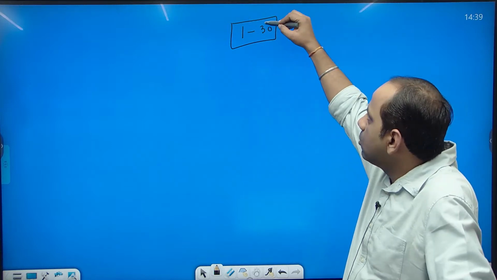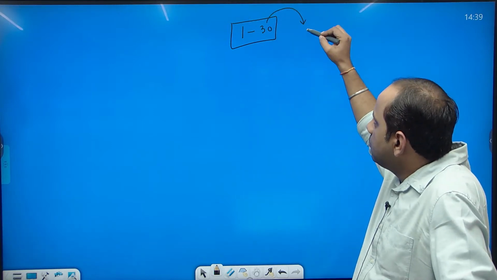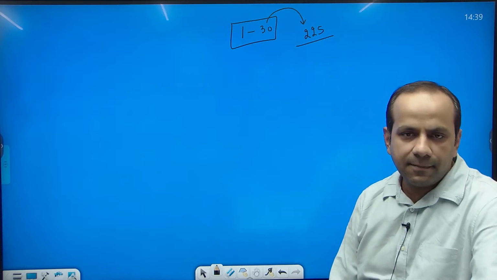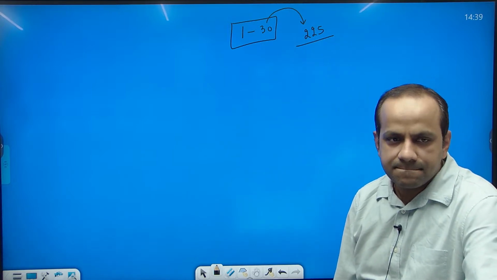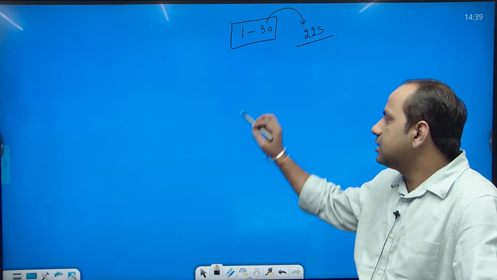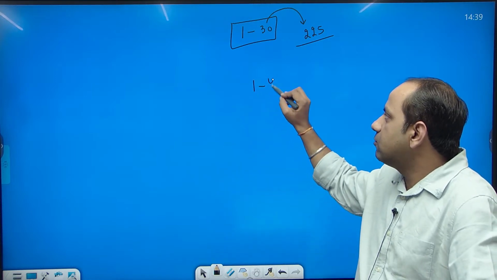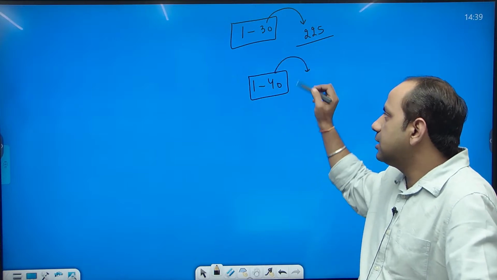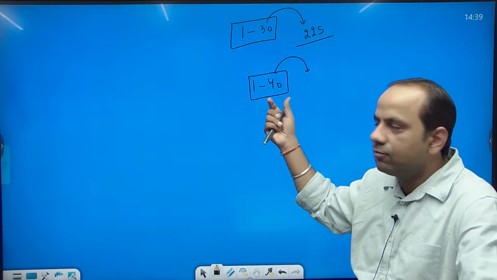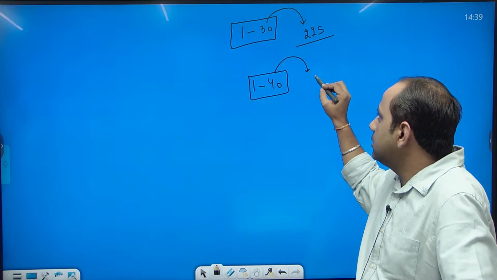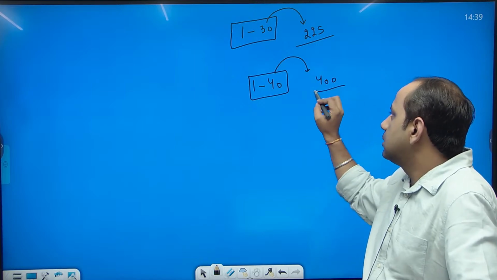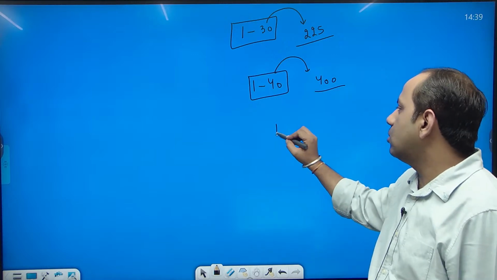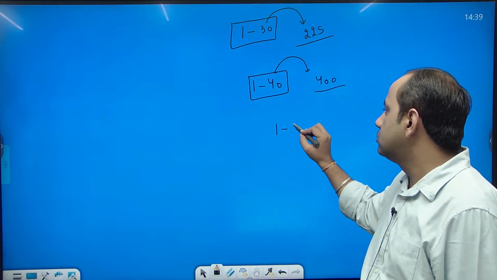So the sum of all odd numbers between 1 to 30 will be 225. Is it okay? What will be the sum of all odd numbers from 1 to 40? We know that 20 odd numbers lie between 1 to 40. So the sum will be 400. I hope this is clear. Okay. But if I say the sum of all odd numbers from 1 to 25.